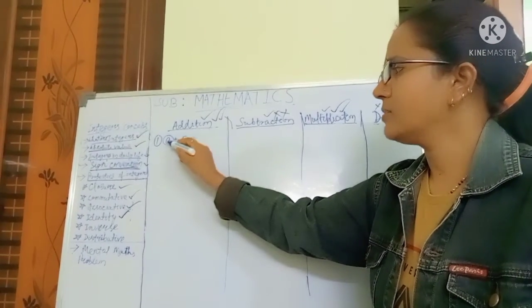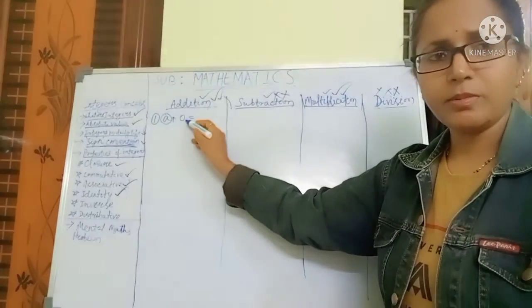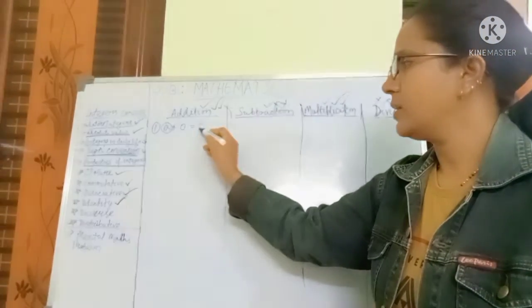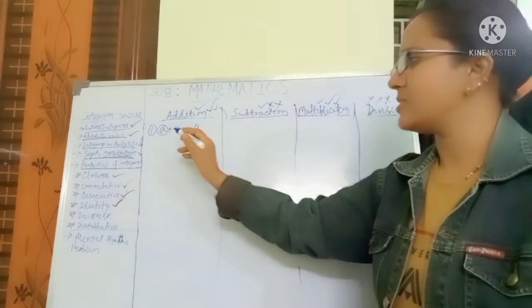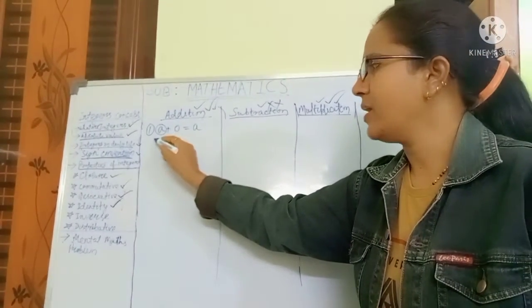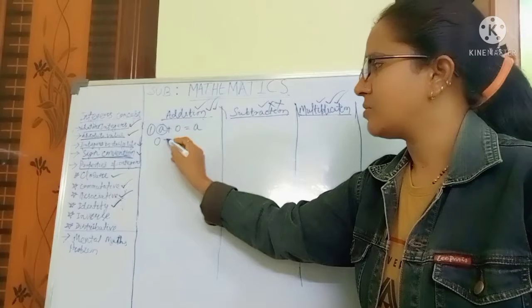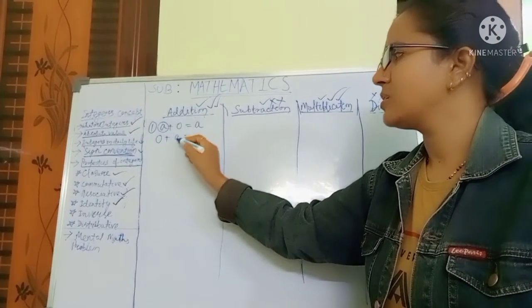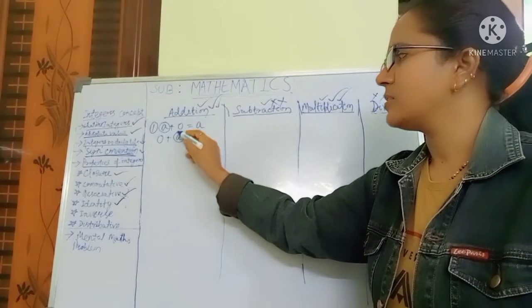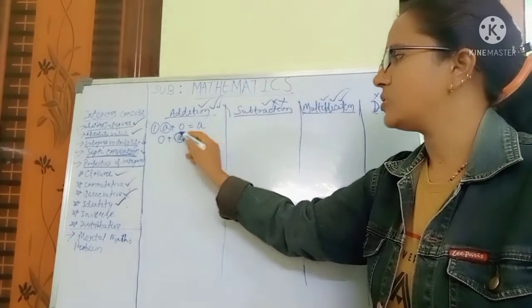If 0 is added to a, it will be a. So it is not losing its identity.